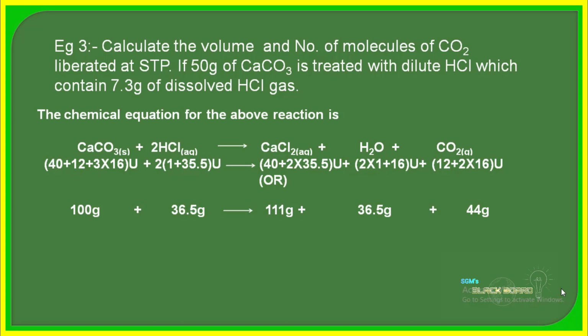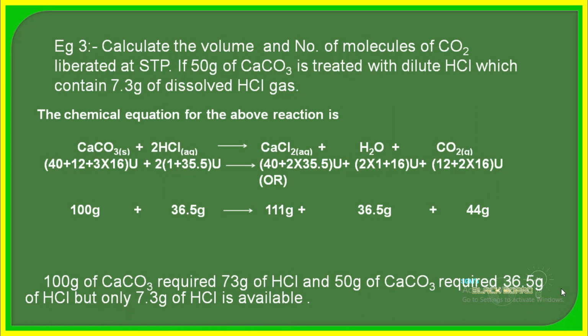Simplifying, we get 100 grams of calcium carbonate reacting with 73 grams of hydrochloric acid to give 111 grams of calcium chloride, 18 grams of water and 44 grams of carbon dioxide.